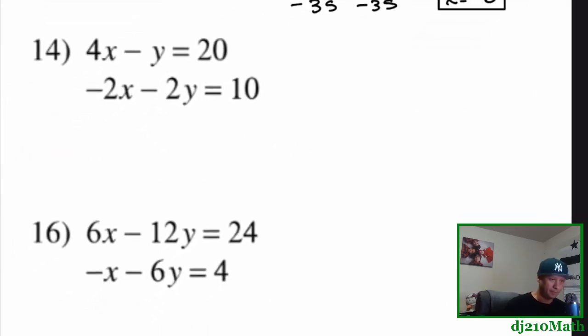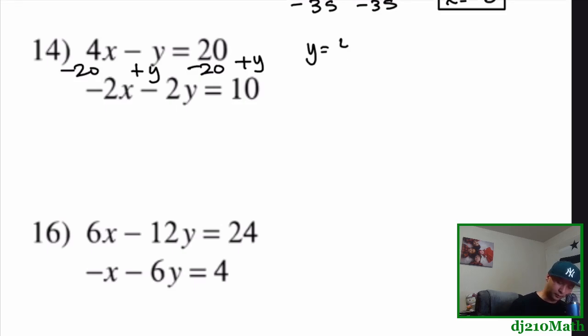Number 14. I'm going to add y to both sides, subtract 20 from both sides in the top. So y is equal to 4x minus 20. I'm plugging that into the bottom.